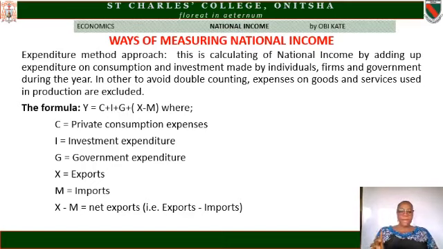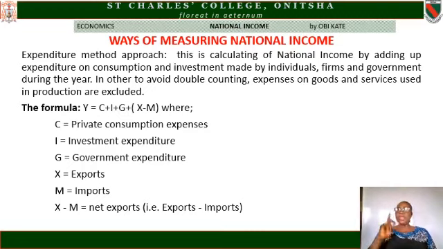The formula for calculating the expenditure method is Y equals C plus I plus G plus bracket X minus M. And what do we mean by this? Y stands for income. C, private consumption expenses. I, investment expenditure.